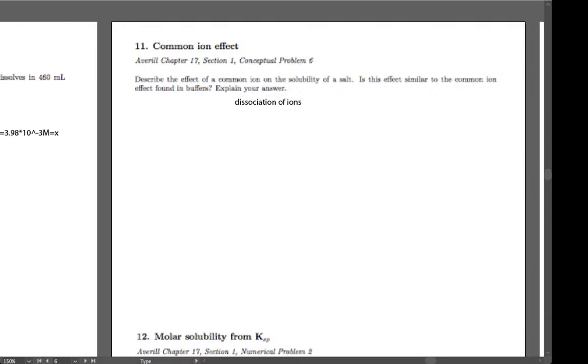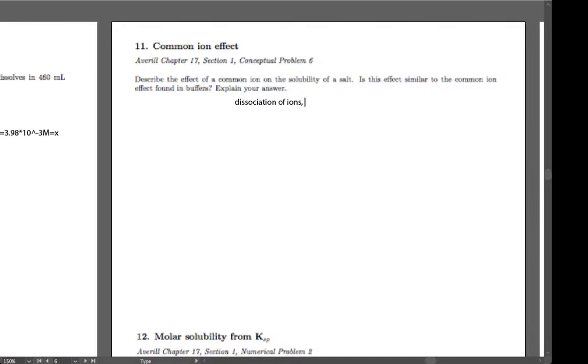And then the second one, is this effect similar to the common ion effect found in buffers? So buffers, it's basically salt, where the Na plus actually dissociates.